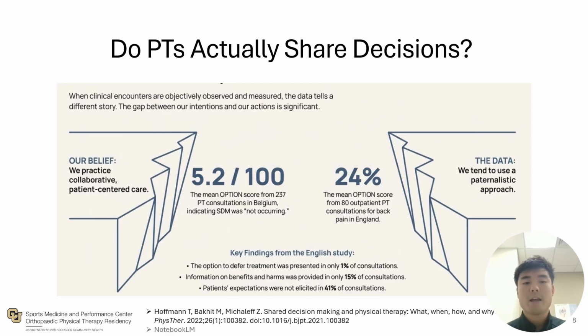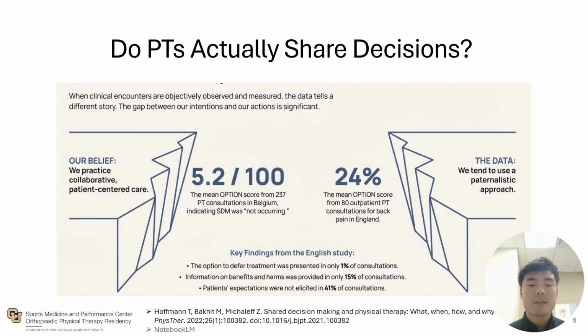So here on this slide, it kind of gives us an idea about whether or not PTs are actually practicing shared decision making, right? Well, much of shared decision-making research comes from medicine. The principles apply directly to physical therapy.